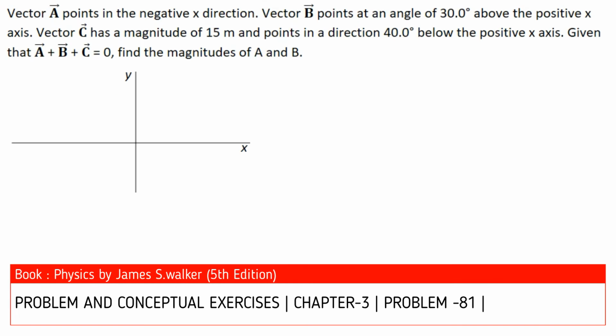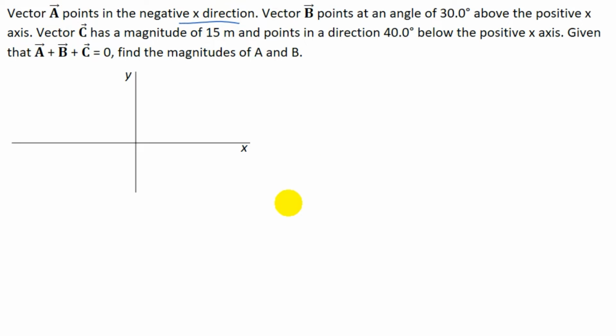Now in this question, we are given that vector A points in the negative x direction. So we know the direction for vector A, but we don't know its magnitude. So I'll first draw the vector. This is vector A, which is along the negative x. Now the vector B points at an angle of 30 degrees above the positive x axis.